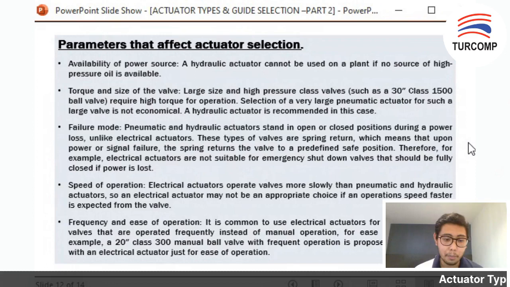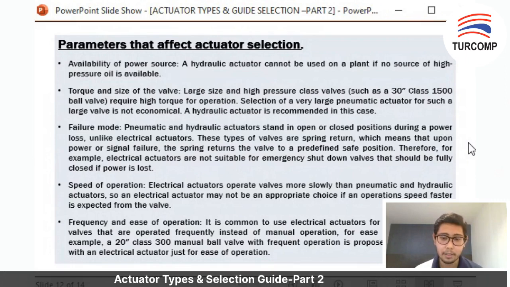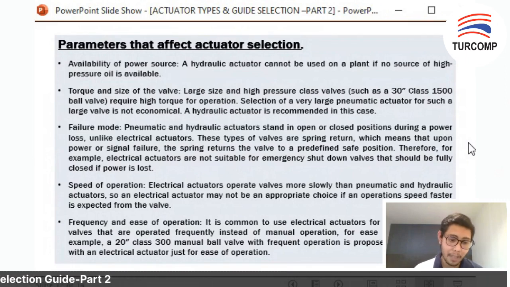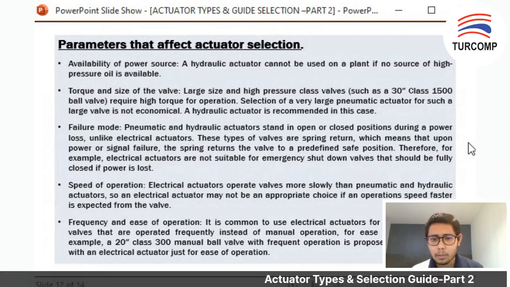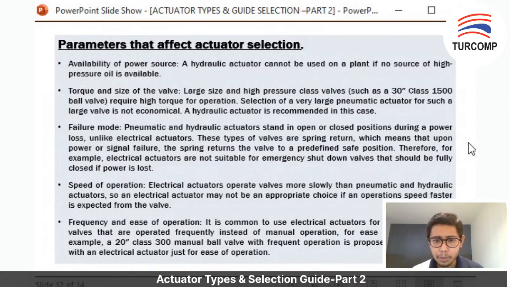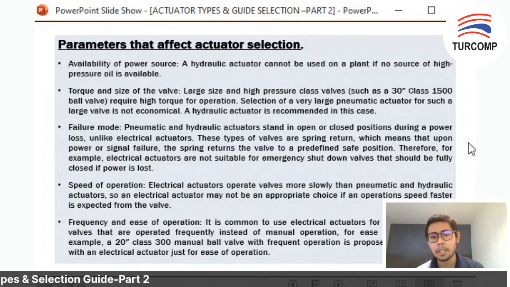Number three, failure mode, either fail open or fail close. Pneumatic and hydraulic actuators have this, but electric actuator we don't have. It's not that we don't have, we have an option, but we need to install external energy or mechanical energy and so on. So if you see here, pneumatic and hydraulic actuators stand in open or closed position during a power loss.